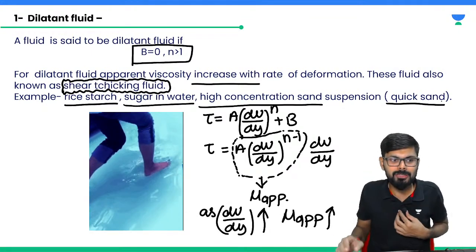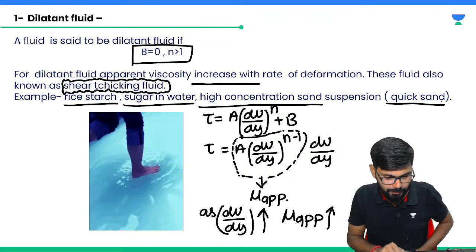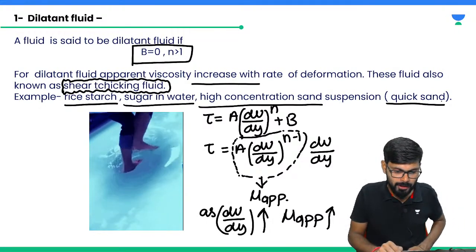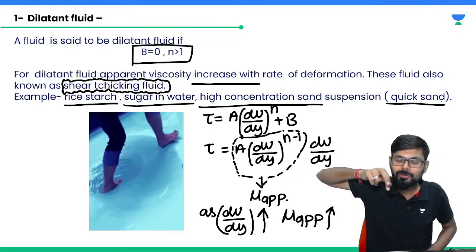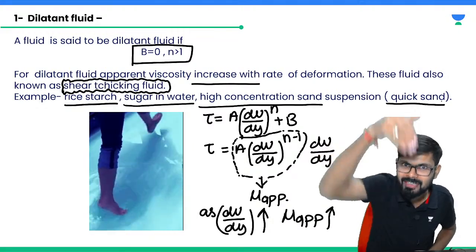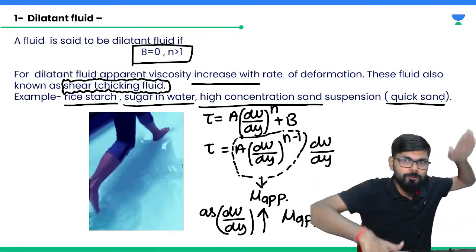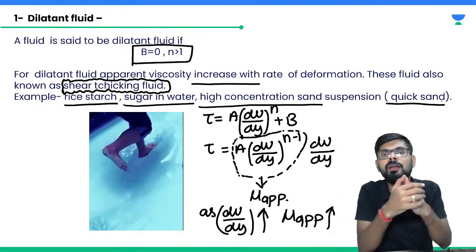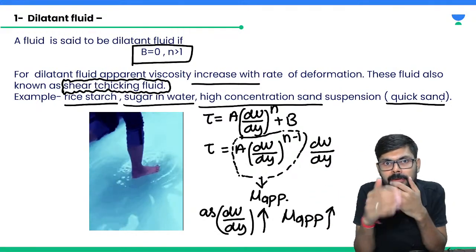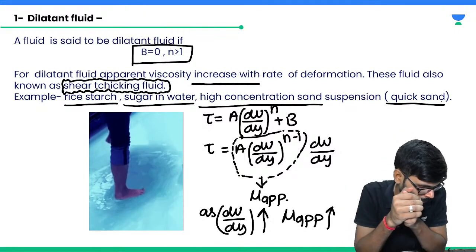More resistance means you can walk. So this is basically a dilatant fluid. Here if you try to move slowly, you would go inside. But if you apply more force, then you can walk, basically you can walk.